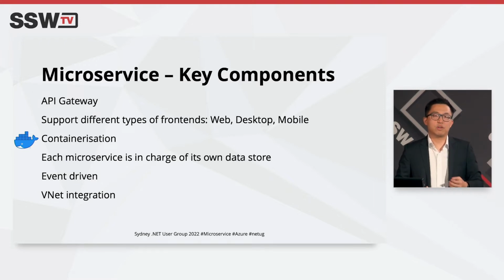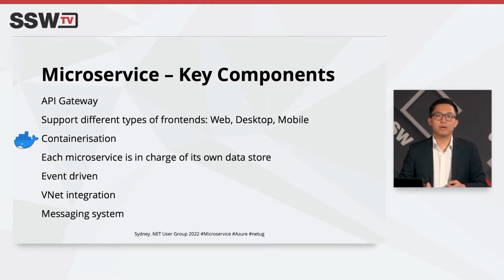And in Azure, it's all via the Azure network, which is secure and solid. And there needs to be some messaging system to support our event-driven pattern so that the communication between microservices does not only go via the normal REST or HTTP call, but can leverage some pub/sub service, which can enable you to build a different mechanism, such as rewinding or replaying of some of the messages.